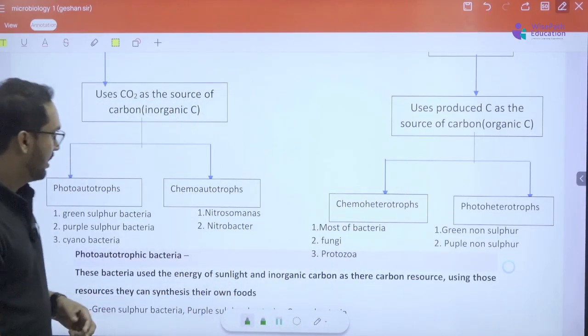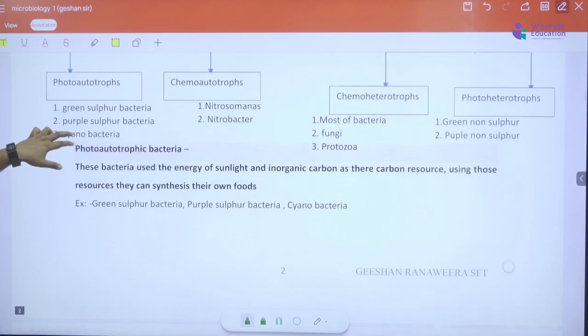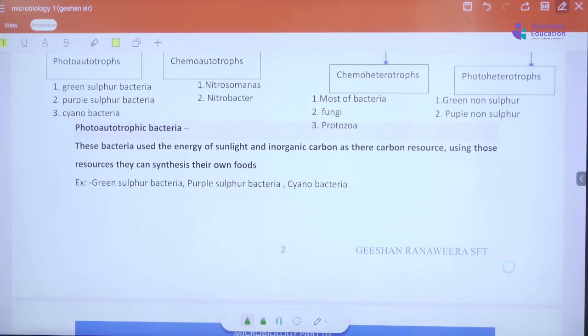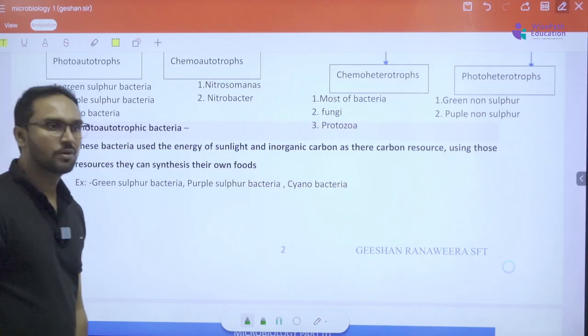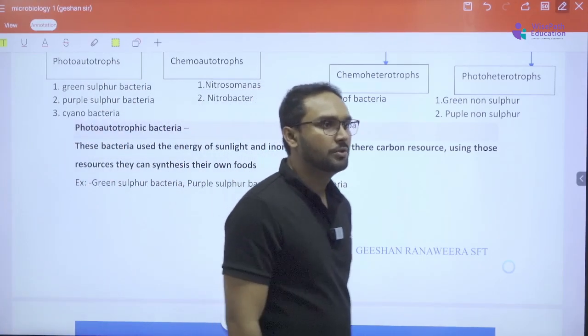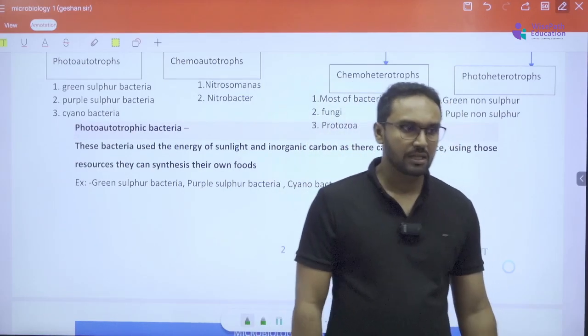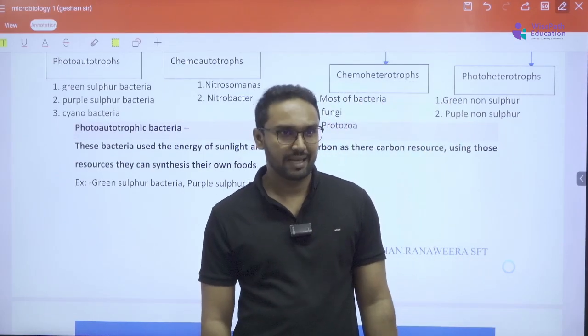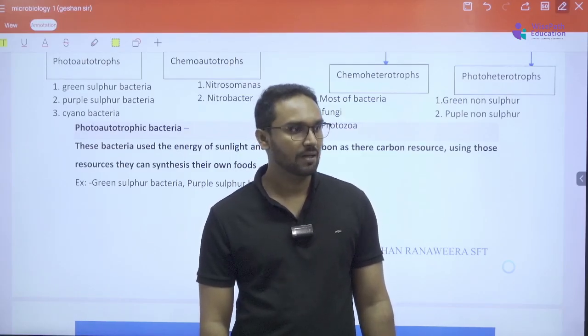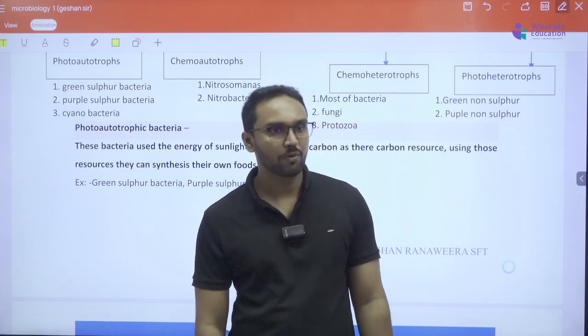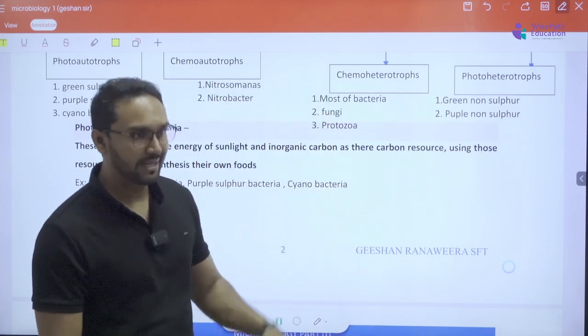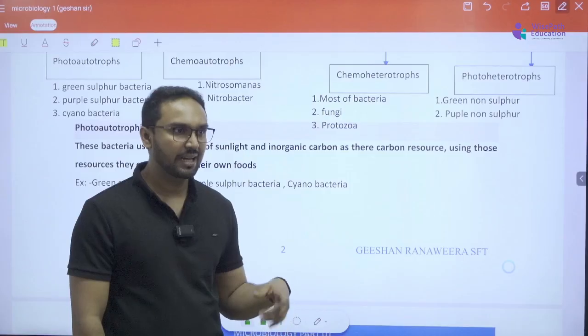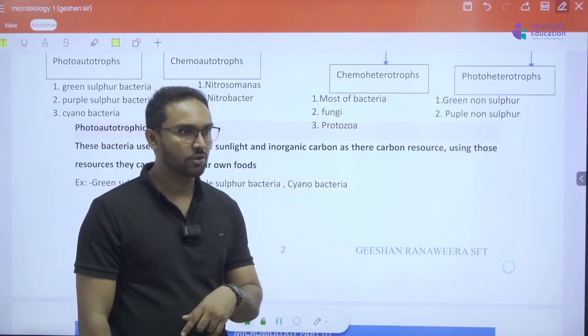Right. Come to the photoautotroph bacteria. What are the photoautotrophs? The ones who use light energy as their energy resource and inorganic carbon, or carbon dioxide, as their carbon resource. Photo refers to the energy resource, and autotroph refers to the carbon resource, since autotrophs use inorganic carbon.